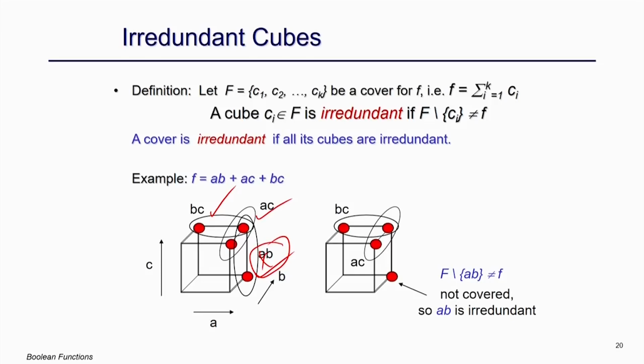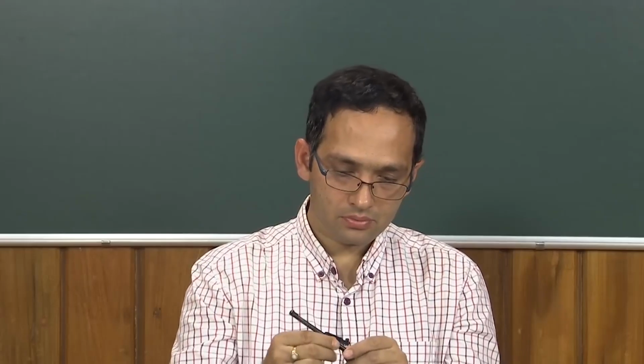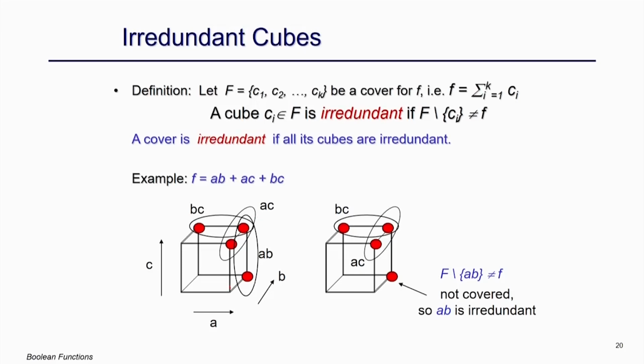So in that sense there might be some cube which is redundant. For example, if I take another example, this is one of the covers as I gave here, and you can have another one. There is another on node here, and this is another cover, and this is another cover, right.